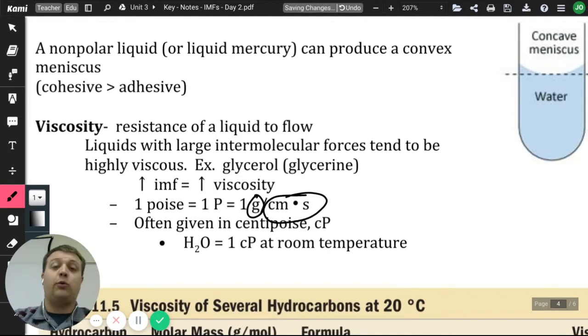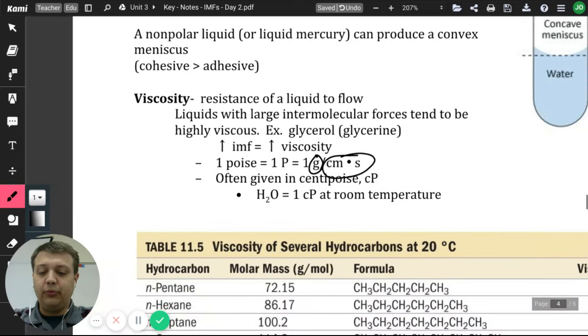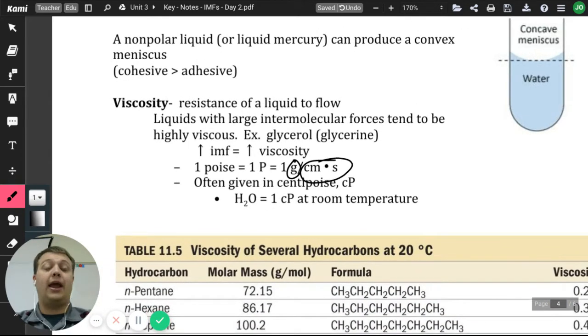So it's basically if I take 1 gram of that substance, it can move this many centimeters in this many seconds. Okay. And so that's what a poise is, 1 gram per centimeter second. Now, often it's going to be given in centipoises. And so, for instance, water has 1 centipoise at room temperature.